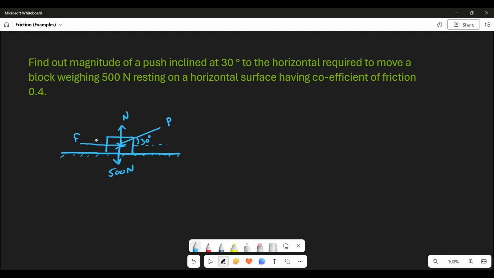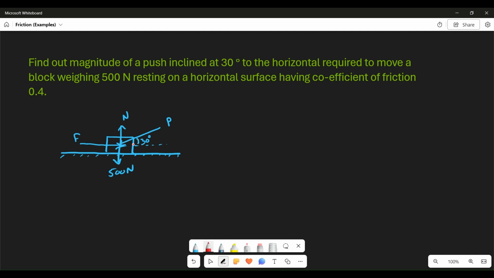Now you have F, N and 500 all aligned to horizontal or vertical direction. This force P is inclined at 30 degrees. So what you need to do is you need to resolve this force P in two components, one vertical and one horizontal component.